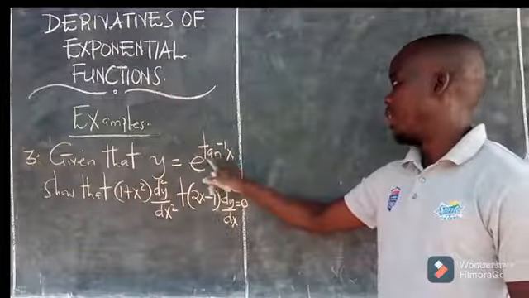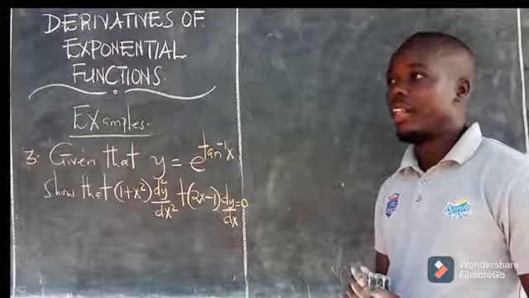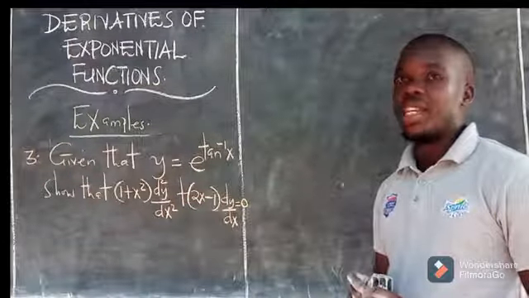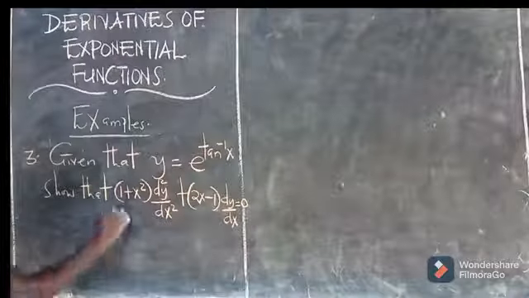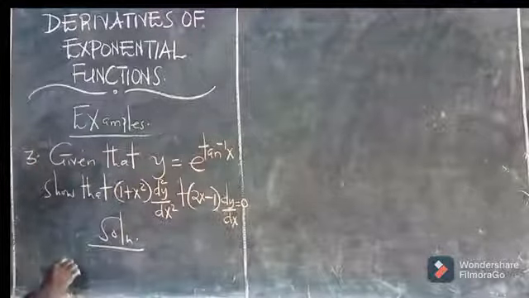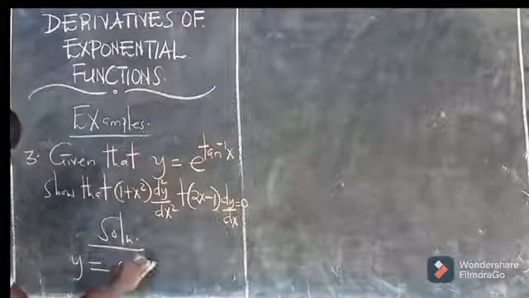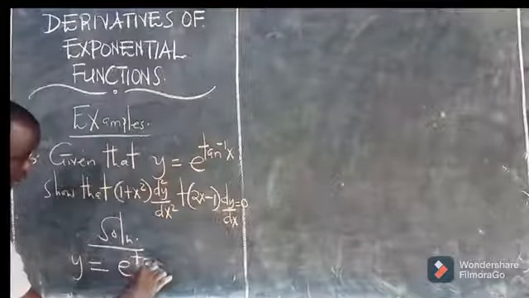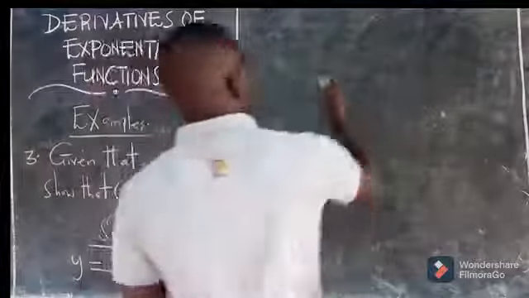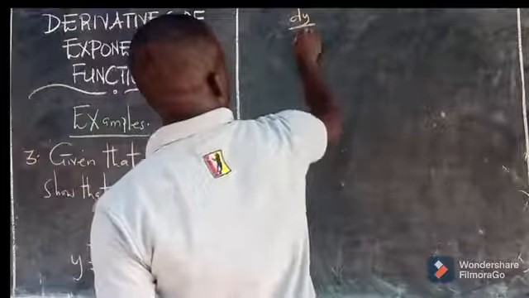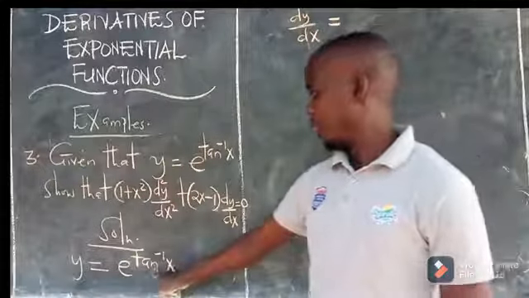Remember, this derivative of tan inverse was one of the examples in our previous episodes, and so we shall just have to recall that if now our y is equal to e to the power tan inverse of x, then dy/dx, which is going to be the first derivative, will be obtained by differentiating this power.